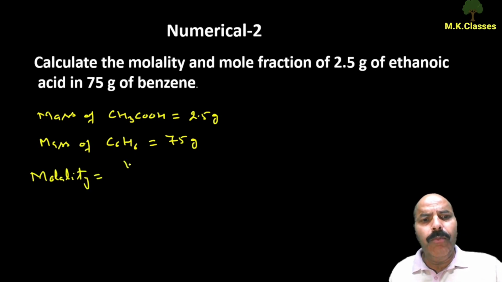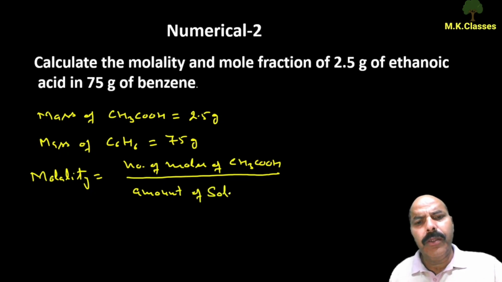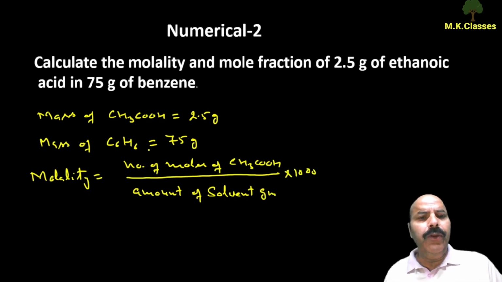We need the number of moles of ethanoic acid, children, CH3COOH, divided by amount of solvent in grams into 1000. So here we know the amount of the solvent, that is 75 gram, beta. So we have to find out the number of moles of CH3COOH, that is ethanoic acid, beta.